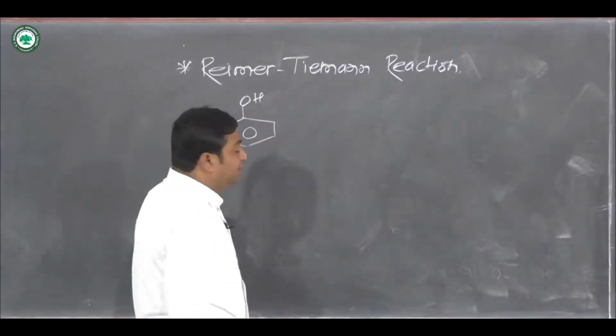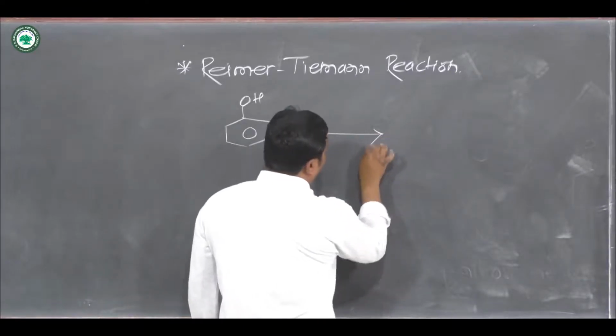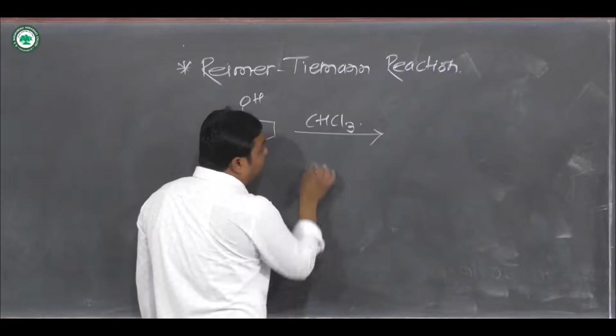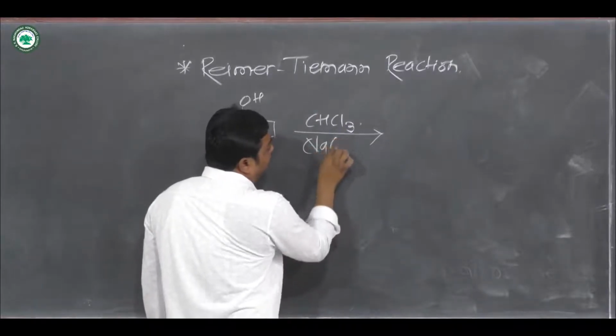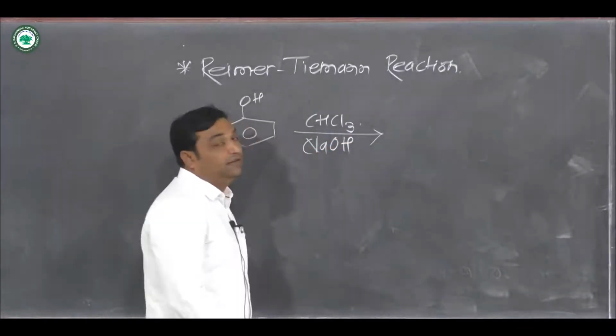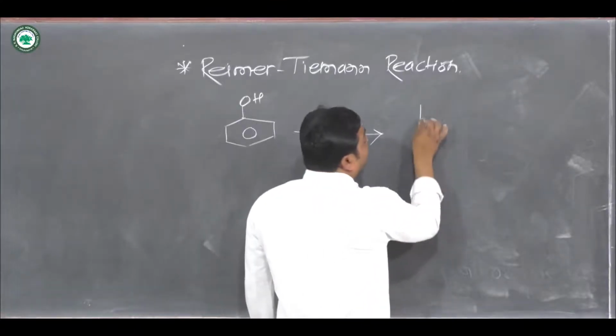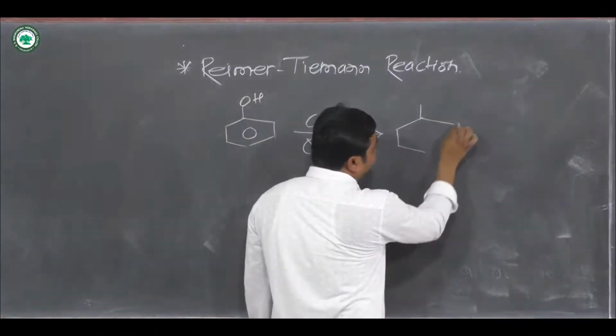Now Reimer-Tiemann reaction is used to prepare salicylaldehyde, in which phenol molecule is treated with chloroform in presence of alkali, that is NaOH, in presence of base, to give salicylaldehyde.